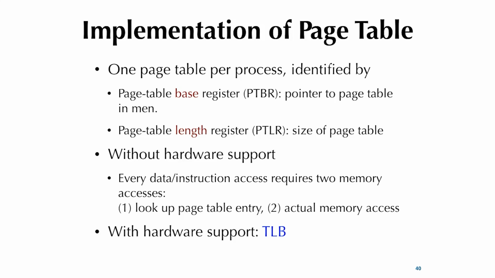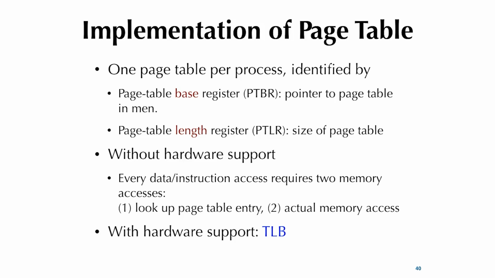And you would like to have some hardware support. Why? Because this is accessed every time, on every memory access, read or write, since it has to do that mapping. But how easy or difficult is it to provide this kind of support?